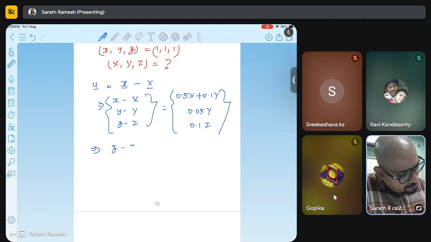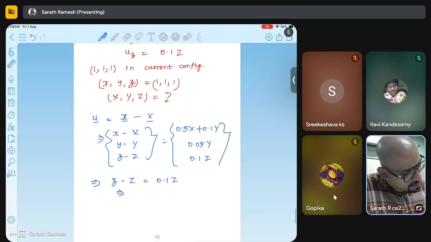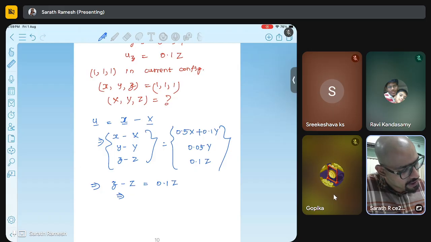Small z minus capital Z equals 0.1 capital Z. So we need capital X, capital Y, capital Z in terms of small x, small y, small z.